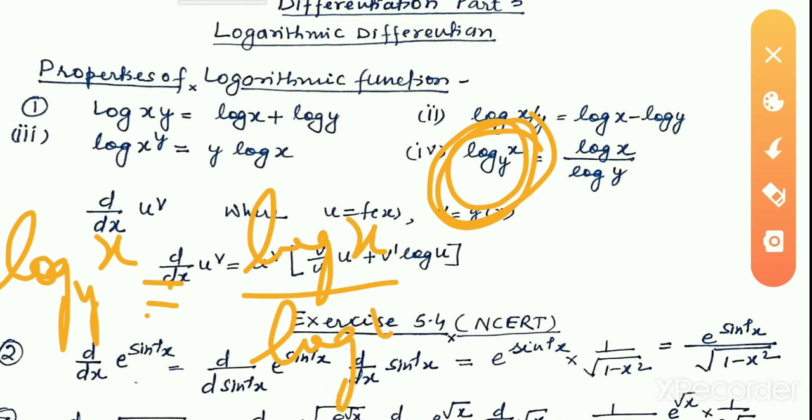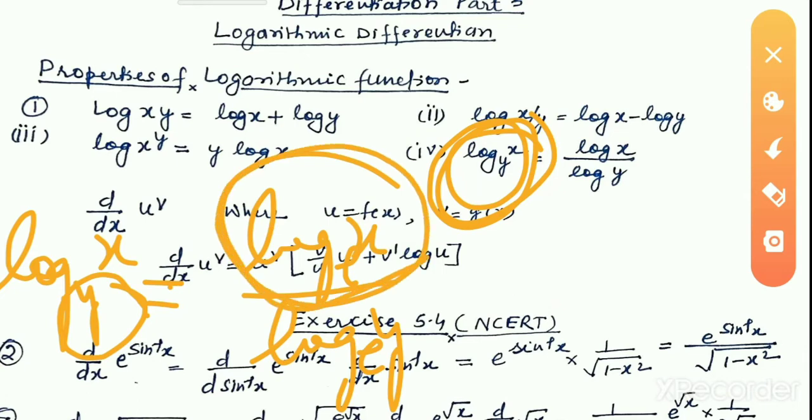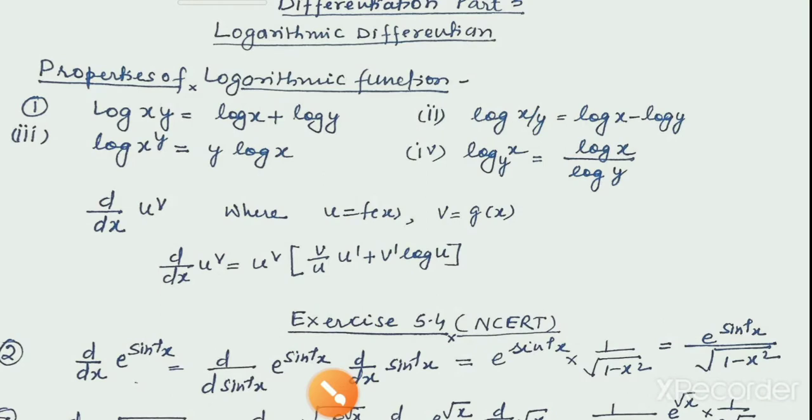Simple, no problem. Now the base has been changed. You can choose any arbitrary base. Here the base is not written, so it will be a natural logarithmic function.